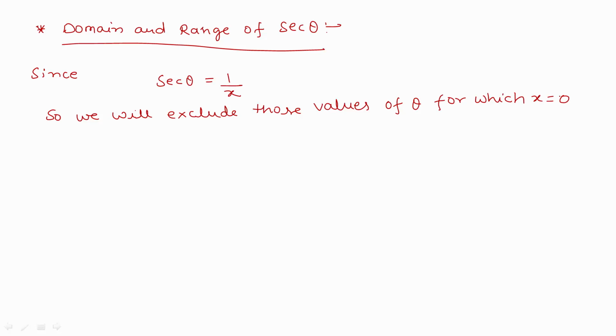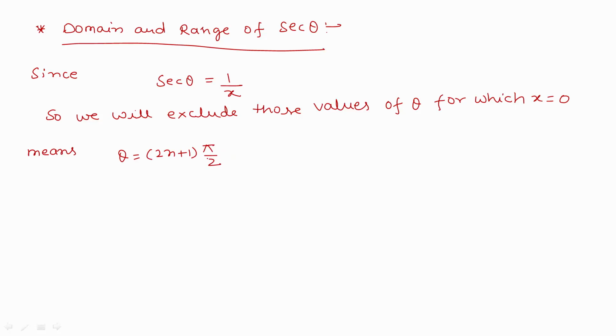When x is equal to 0, on the y-axis, theta is an odd multiple of pi by 2, that is, theta is equal to (2n plus 1) into pi by 2.